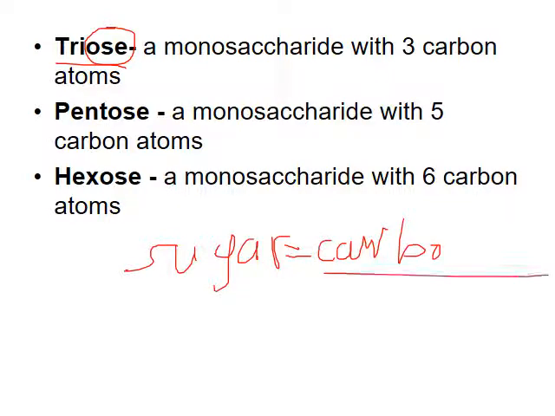All the basic building units and even more, if it's a sugar, usually the name will end in "-ose", just like the alkanes end in "-ane". So a triose is a monosaccharide, a building block, with only 3 carbons. A pentose, like pentagon, is a 5 carbon sugar. A hexose is a 6 carbon sugar.